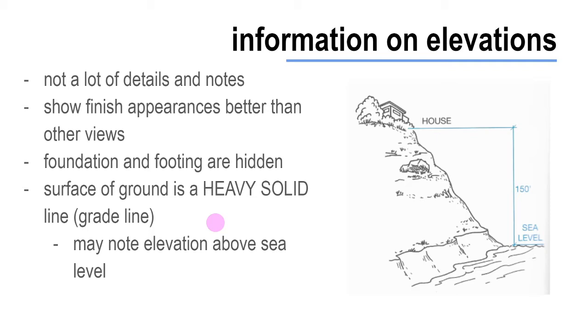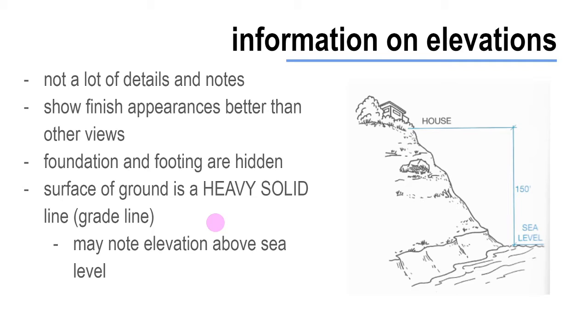In our floor plan, we can't really see what the exterior of the building looks like. We don't see a lot of the details about the windows. In the elevation, we can see that stuff a little bit better. And so they are a great aid in understanding the rest of the drawing set.